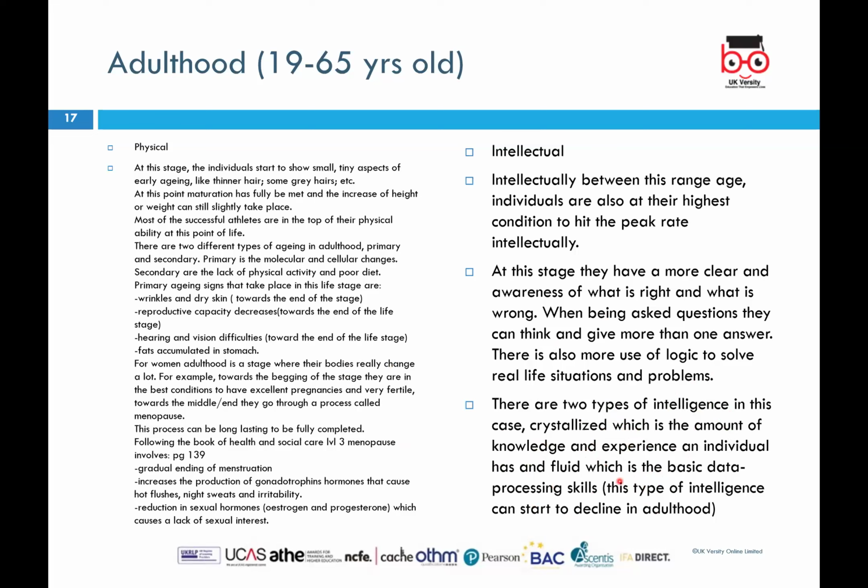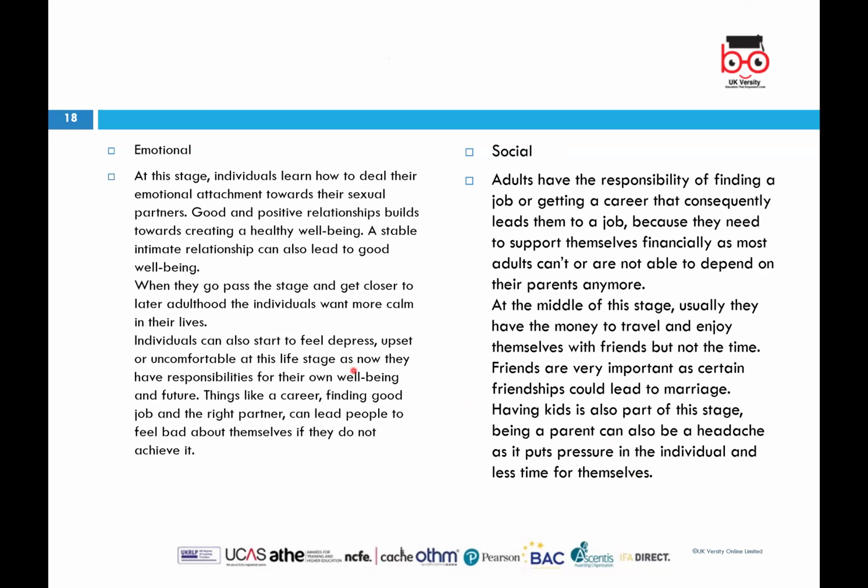Emotionally, they also have changes. At this stage, individuals learn how to deal with their emotional attachments. They have sexual partners to whom they are very close, and they have stable, intimate relationships. Those who don't have them may experience mental disturbances also.